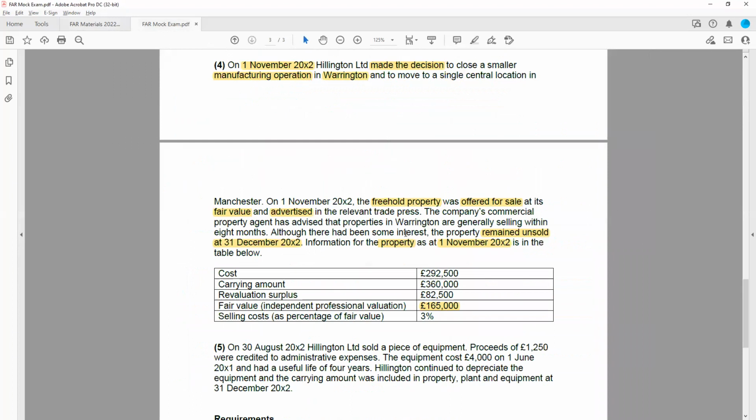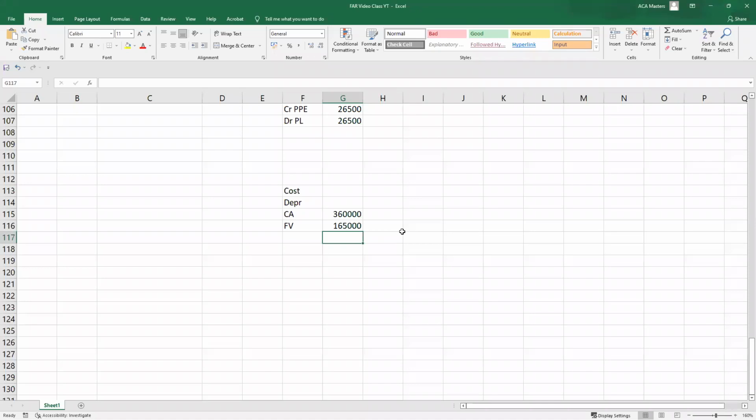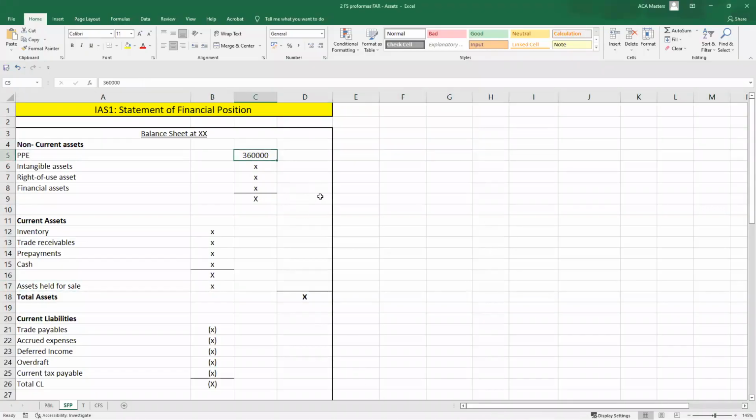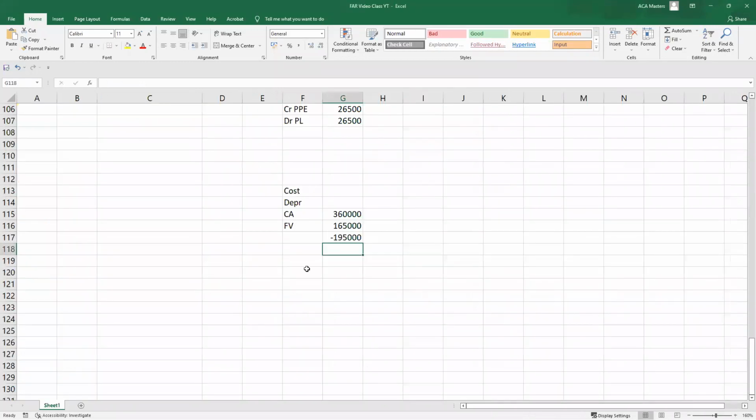So we can see here that we'd have the fair value, which is considerably lower, and therefore the asset has fallen in value. So on the SFP, the asset would be reduced down to its fair value. That's a substantial decrease in its fair value of 195k.